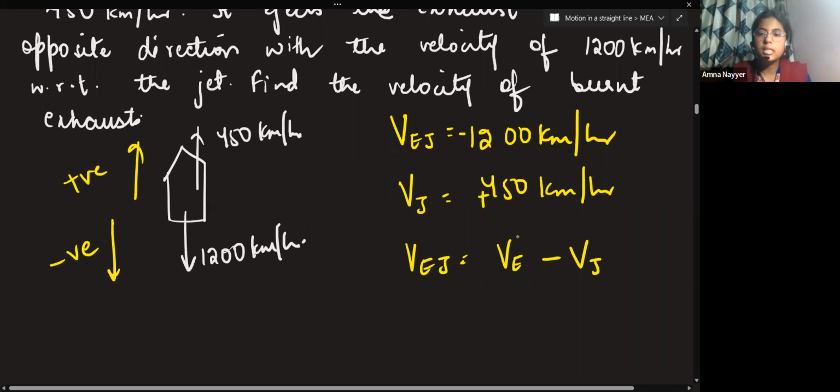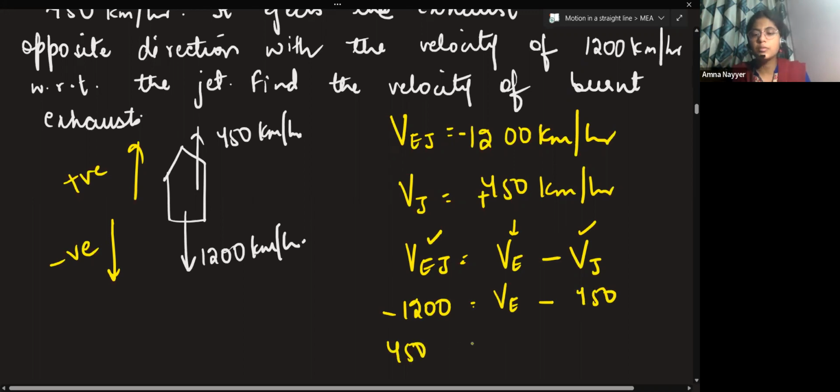So this is known to us, this is known to us, this is unknown. See, put everything here. This is minus 1200 kilometer per hour. This is VE, which is unknown to us. This is 450, so this is plus 450. It will move on this side.